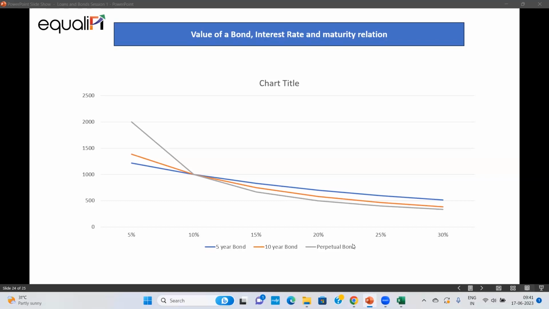Which has no maturity. Correct. Yeah, I can say 100-year.